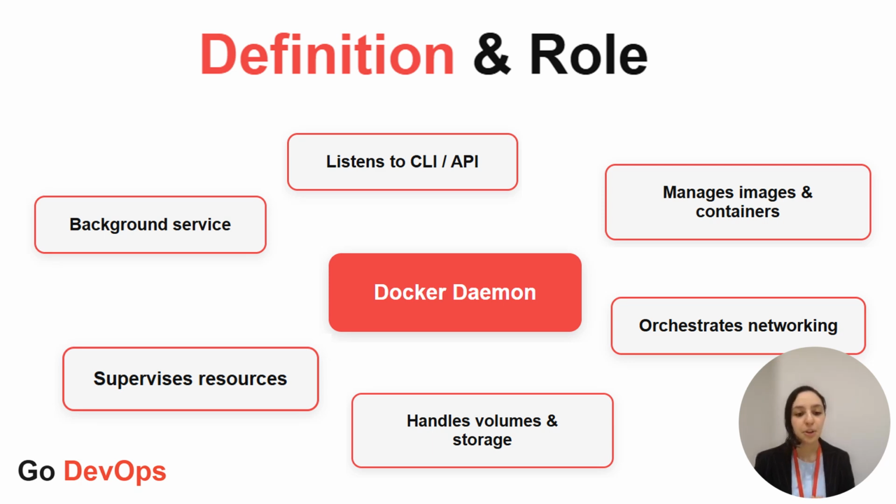And whenever you run a command, the daemon manages the images, creates and starts containers, and connects them to networks and volumes. It also handles images from registries and tracks container lifecycle events. So the daemon does the heavy lifting, so developers can work with Docker at a higher level.